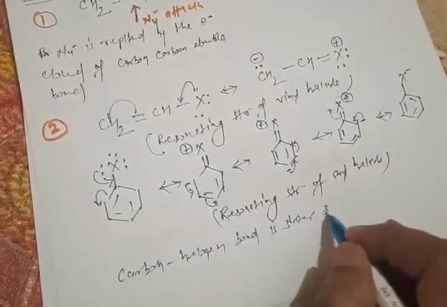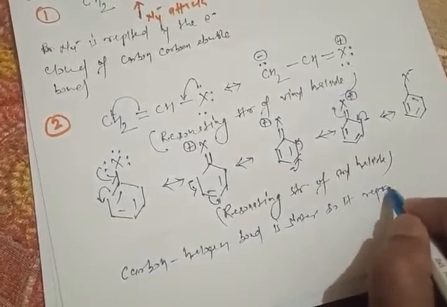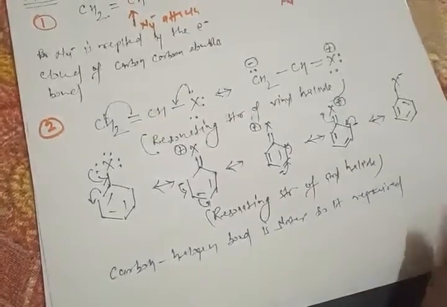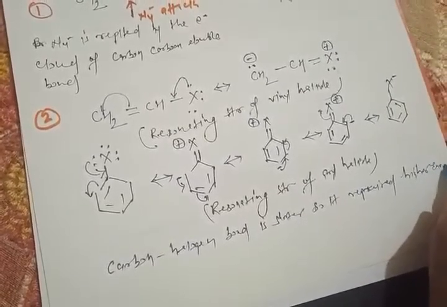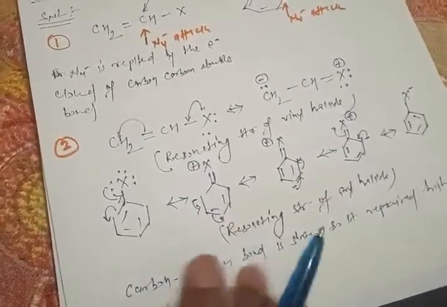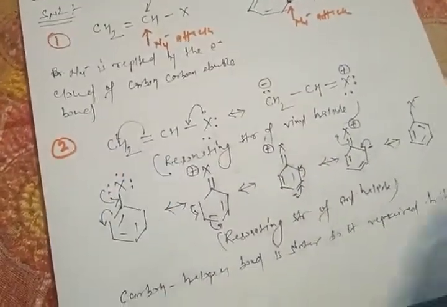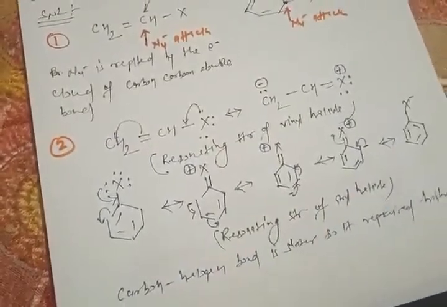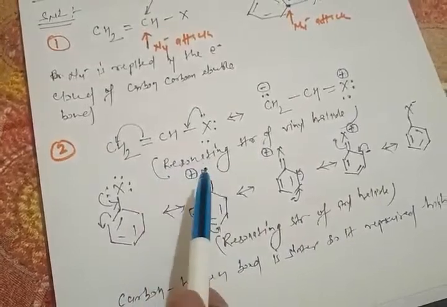So it requires higher energy, and because higher energy is required, it will not easily break. So this is the second reason. Due to the resonating structure of vinyl and aryl halide, cleavage of the carbon halogen bond is not possible.